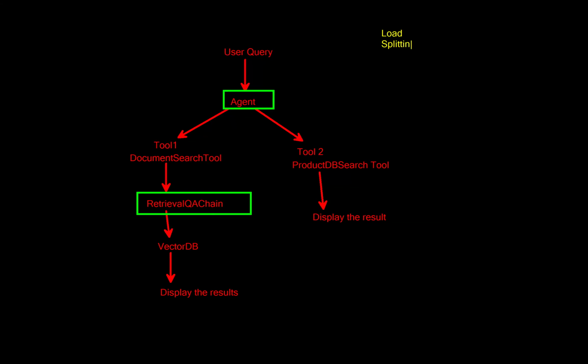Splitting the data means, let's say there is a book that contains 1,000 words. You will create chunks of, let's say, 100 words. You pick the first 100 words, mark them as the first chunk, then pick the next 100 words, mark them as the second chunk, and so on. That is known as splitting or chunking.